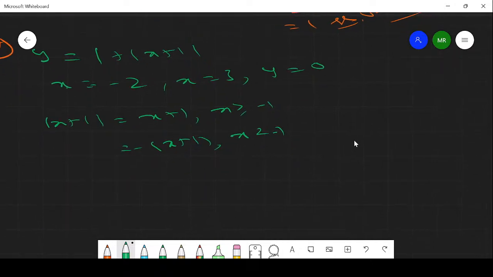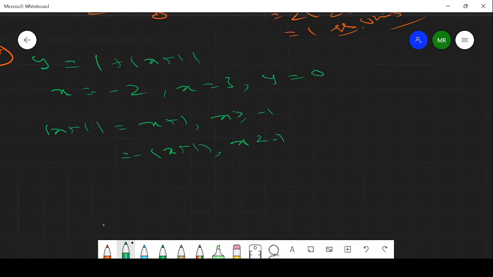Using this, I can now write the y value. So y is equal to x plus 2 when x is greater than or equal to minus 1. And when x is less than minus 1, 1 minus x minus 1 gives y equal to minus x.